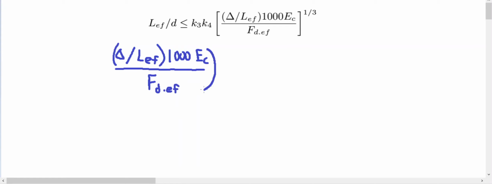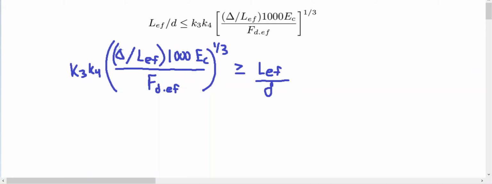And all of this is being raised to the 1/3 power, also known as a cube root. And we're multiplying ahead of time by K3, K4. Now, reversing the direction of the inequality, which reads less than or equal to right now, we can write this as greater than or equal to. And then it's just the other side, L sub EF divided by D, so we can write it as the fraction like this.